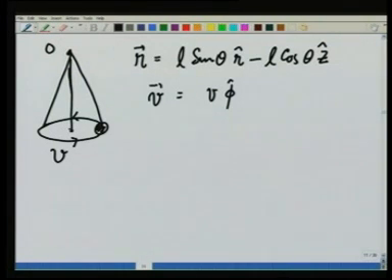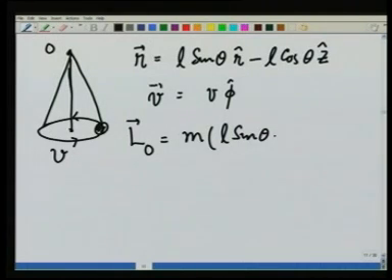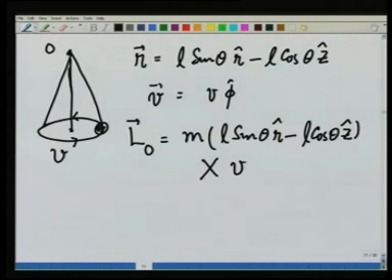This is where point A is, and therefore, the angular momentum L about O is going to be m times (L sin theta r minus L cosine theta z) cross v phi. r cross phi is z.